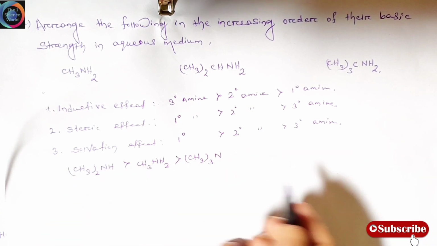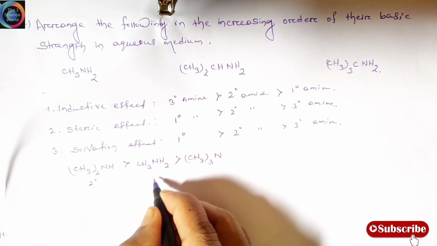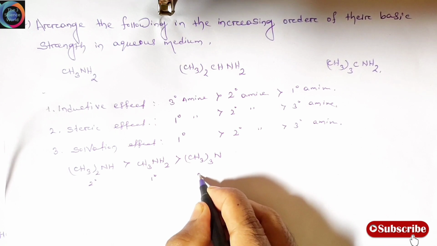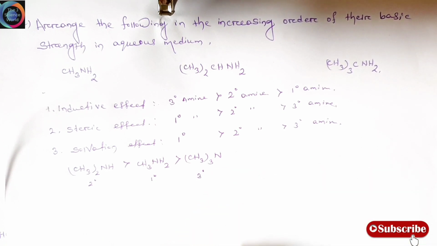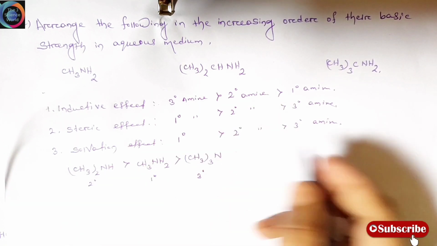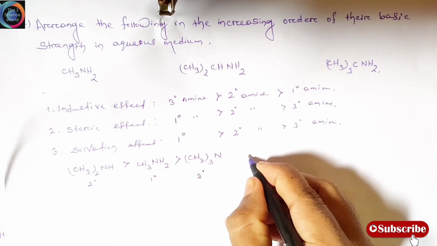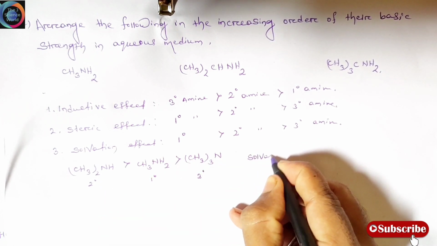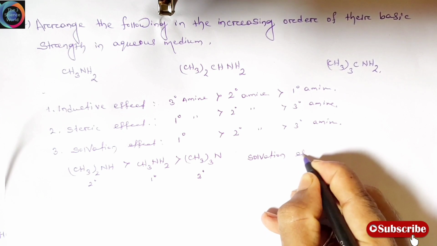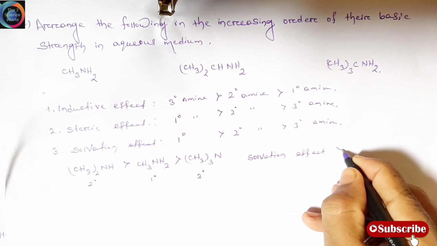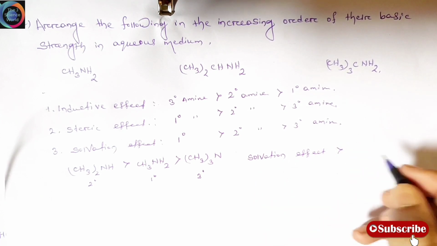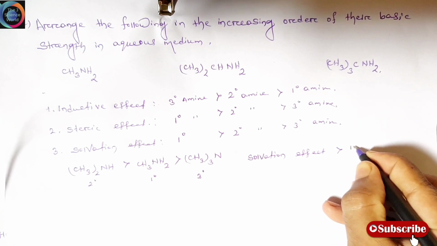Friends, this is our secondary amine, this is our primary amine, this is our tertiary amine. Friends, in this case, the solvation effect is more powerful as compared to the inductive effect.